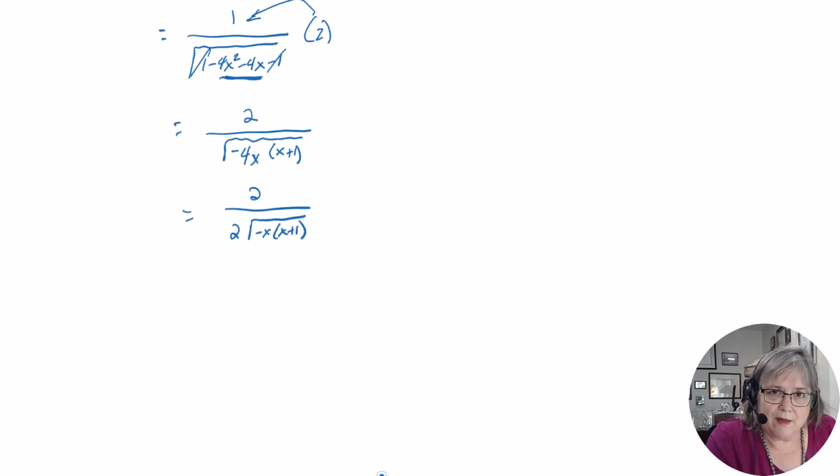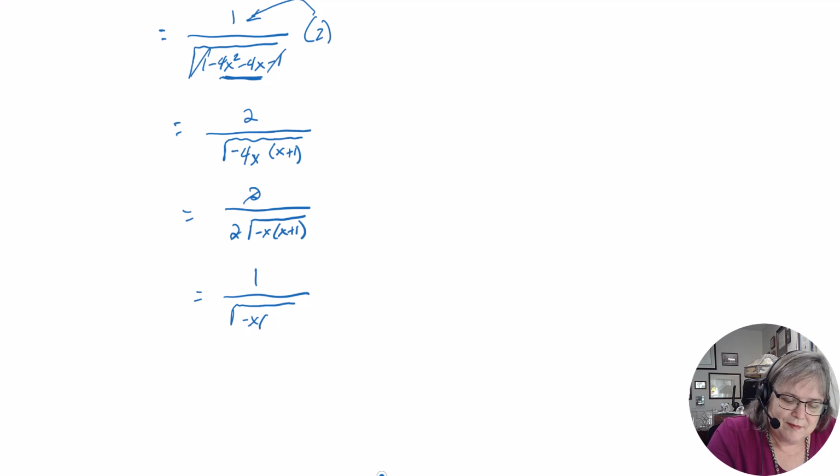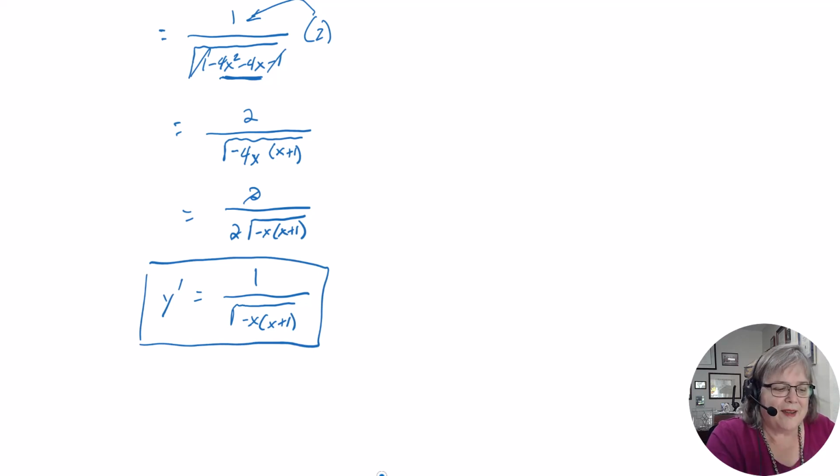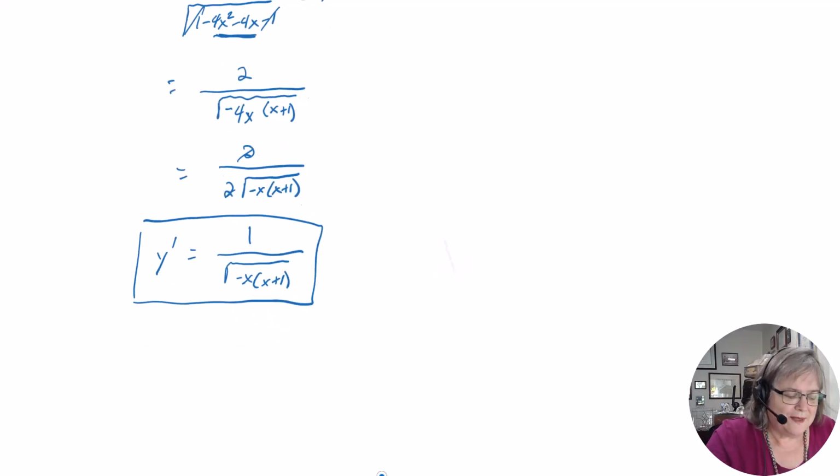Okay, you doing okay? Then these twos cancel, and you have 1 over, don't forget you still have 1 on the other side of the fraction bar. Grandma parentheses, x plus 1. Okay, not horrible, is it?